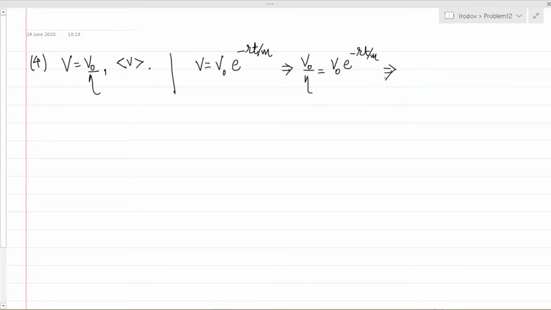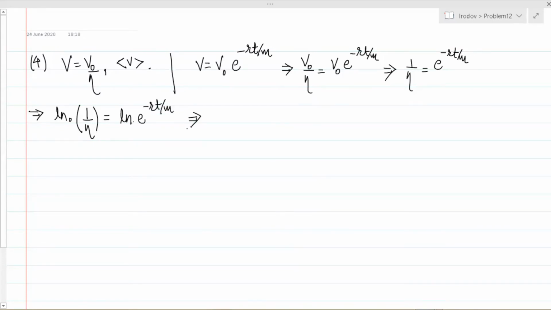This gives us 1 by eta is equal to e to the power of minus rt by m. Now we're going to take natural logs on both the sides. Ln 1 by eta is equal to ln e to the power of minus rt by m.